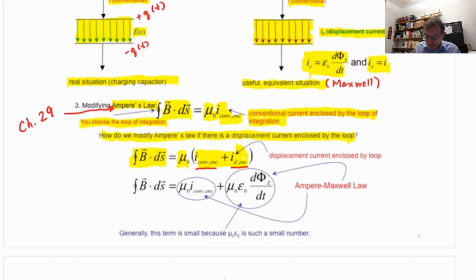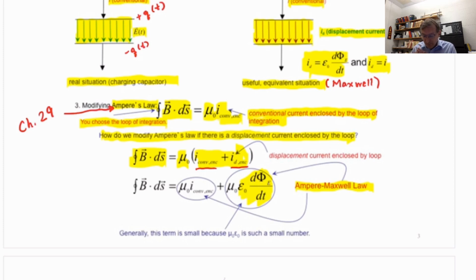Okay? And then all I did in the next line is write down the formula for calculating displacement current: epsilon 0 d phi_E dt. And so we might call this now the Ampere-Maxwell law, because it was Ampere's law with another term put in on the right side that Maxwell deduced needed to be there.